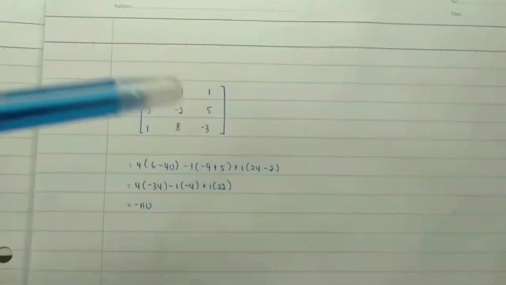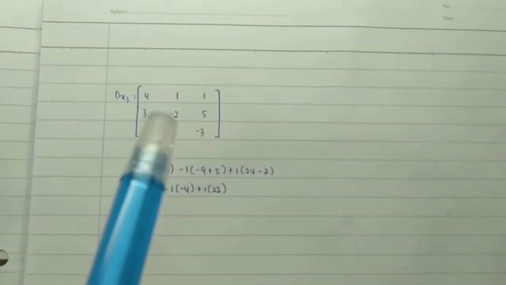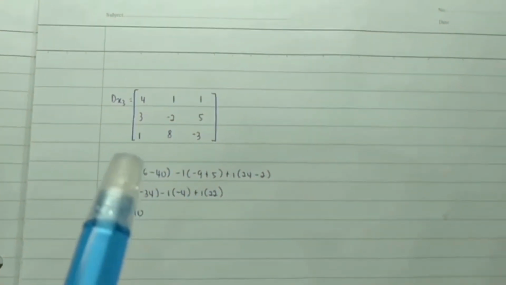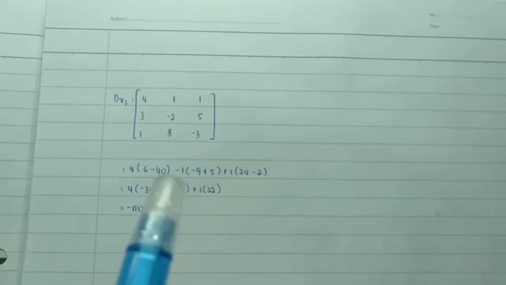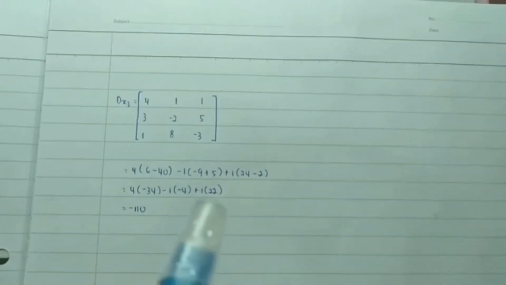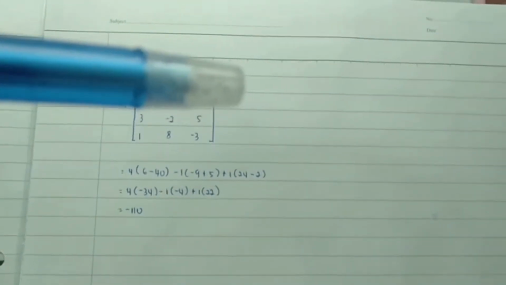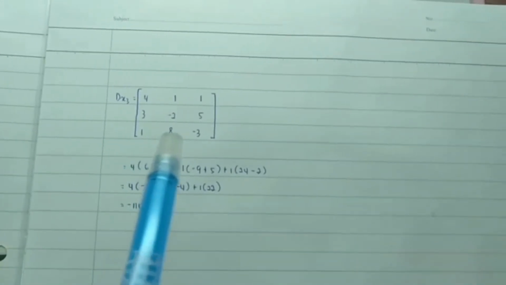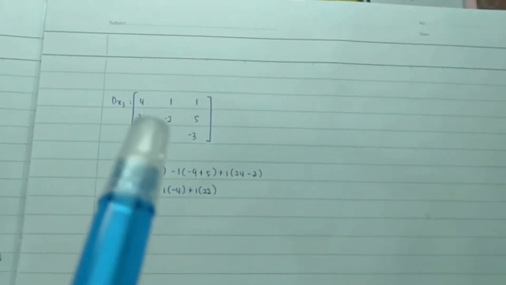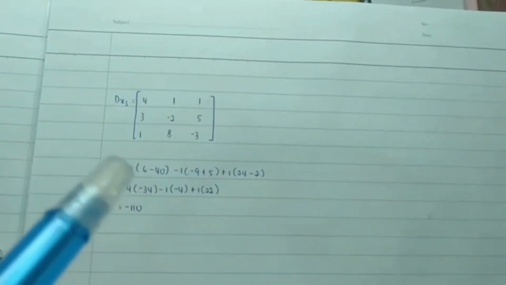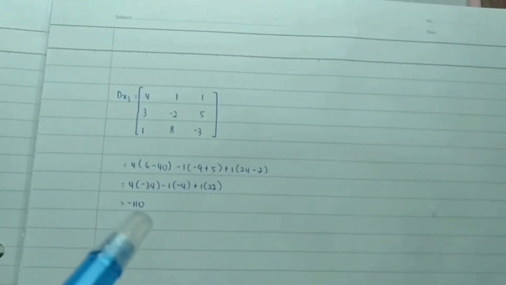So if you close this and this, you'll get negative 2 times negative 3 equals positive 6, and 8 times 5, 40, and minus 1, this 1, and then close this and this, you'll get 3 times negative 3 equals 9, 1 times 5, positive 5, plus 1, and then close this and this, you'll get 3 times 8, 24, 1 times negative 2, and then complete the calculation, and you'll get negative 110 for dx3.